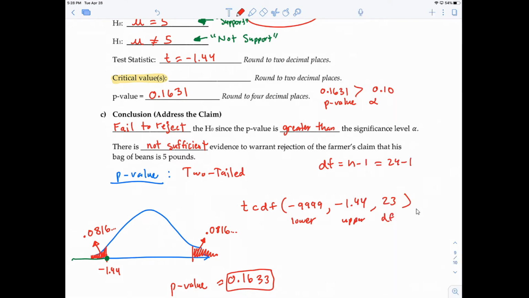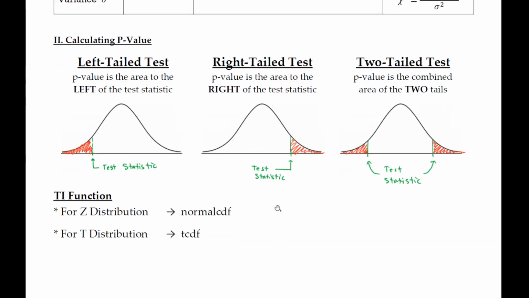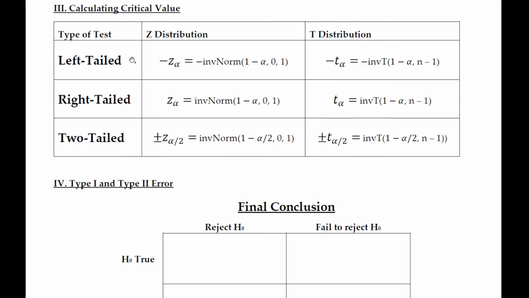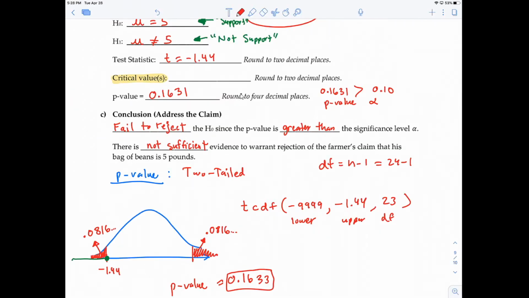Okay, and then finally, let's look at the critical values. Let's take a look at the notes. The way we find the critical value depends on whether it's a left-tailed test, a right-tailed test, or a two-tailed test. Because this is a two-tailed test, let's stay with this problem.